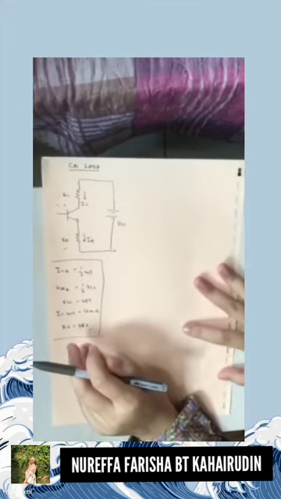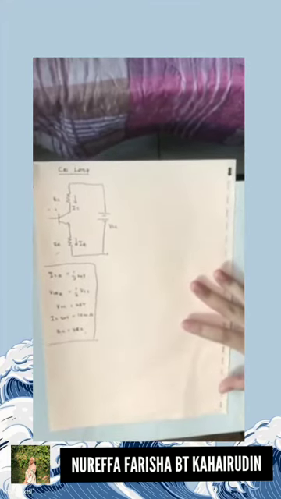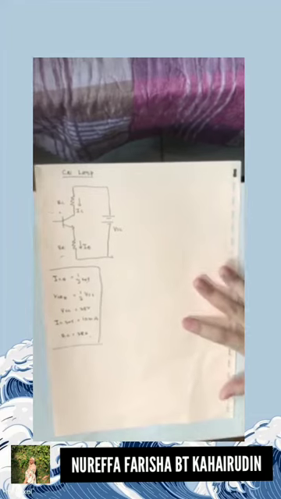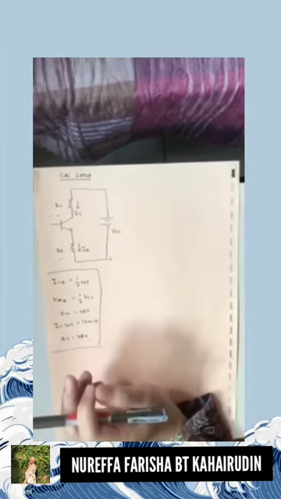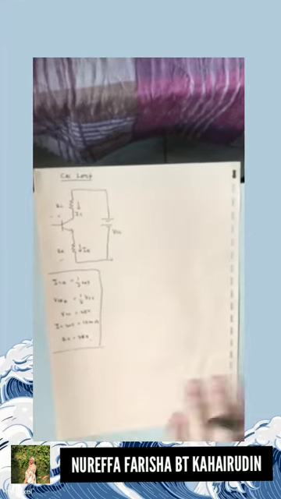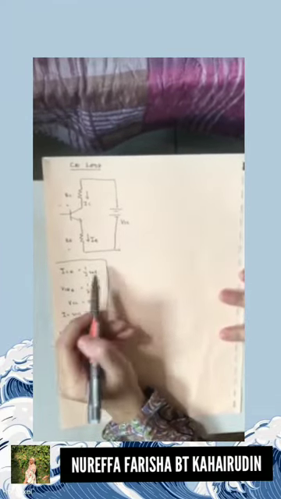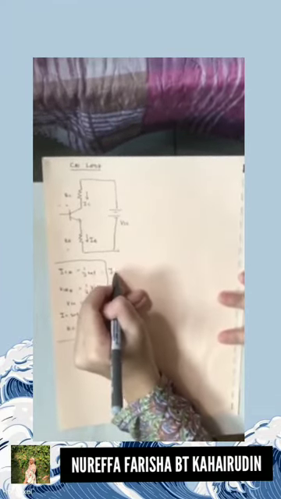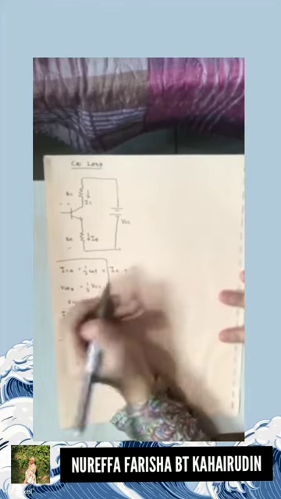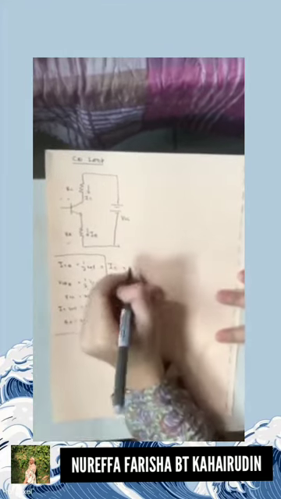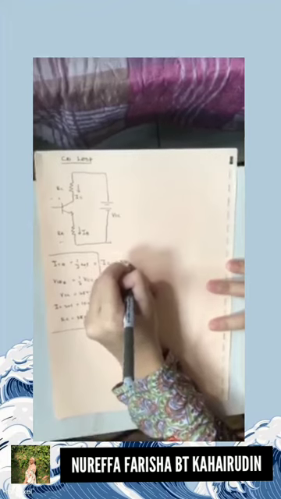Okay, to find the IC, it is equal to the ICQ, so it is 5 milliampere.